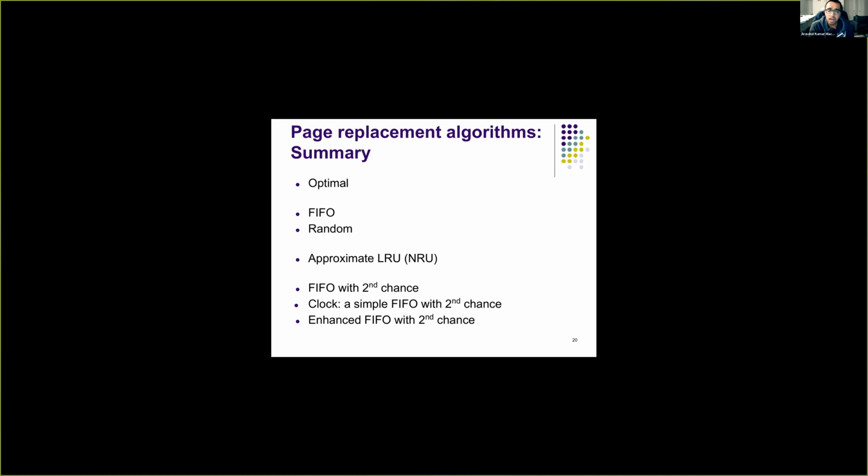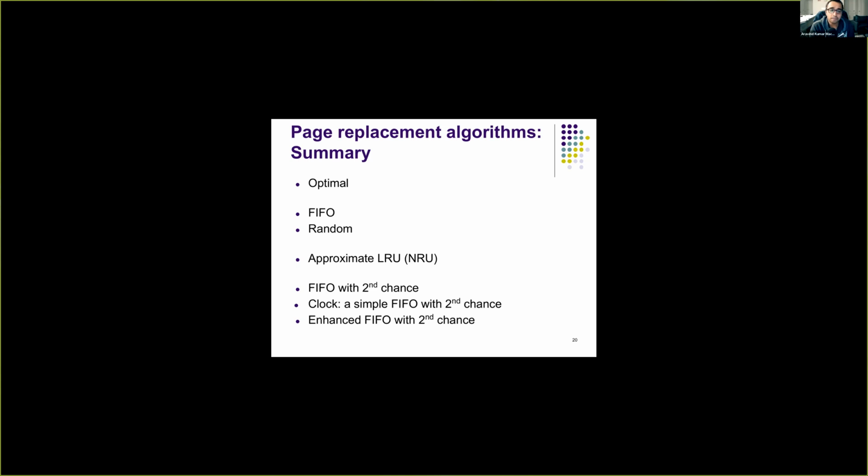And we saw LRU in the last part, and we saw how we can approximate LRU by maintaining counters. We also saw FIFO with second chance, where we actually give a page that is referenced a second chance by clearing the reference bit. And we saw a different way of implementing FIFO with second chance by using clock hand.